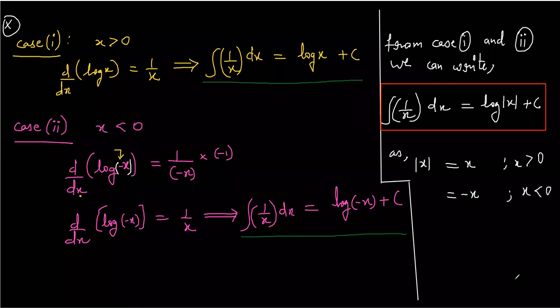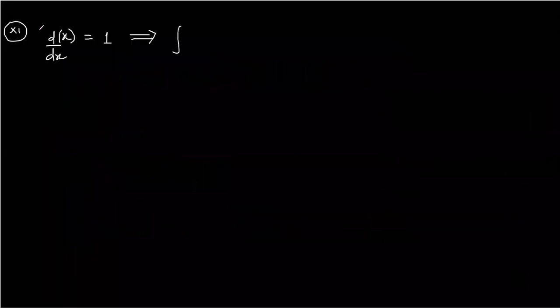d by dx of x is equal to 1. You all know d by dx of x is 1. So here we have d by dx of x equals 1.